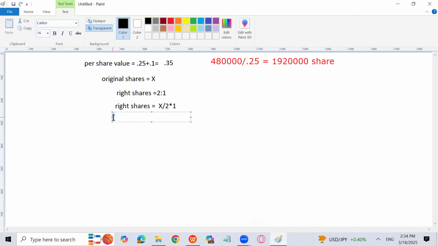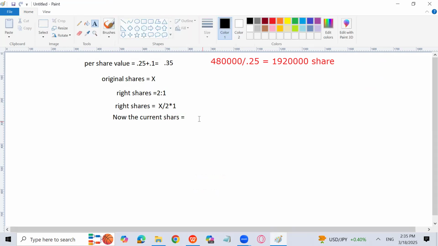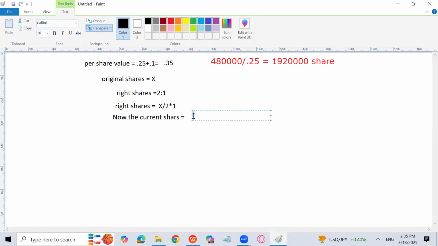Now, what is the value of the current shares, including the original shares, which are X, plus the right shares, X over 2? It is equal to 1920000. These are the shares now. This is not the amount of shares.